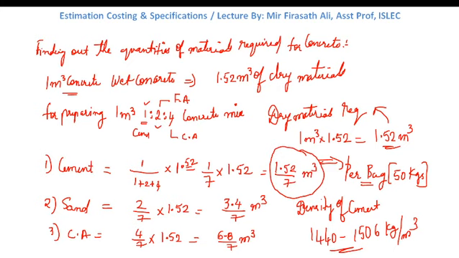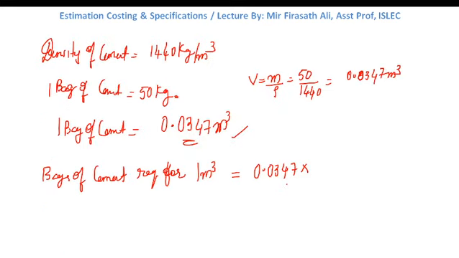Look at over here, 1.52 by 7. We get around 6.25. Therefore, for 1 meter cube of concrete, we require around 6.25 bags of cement.